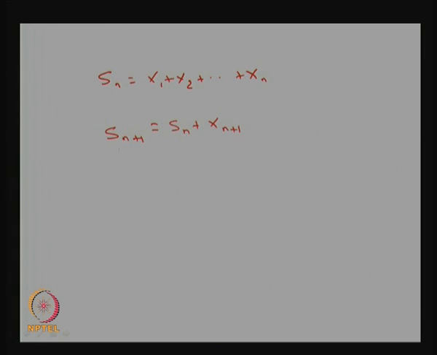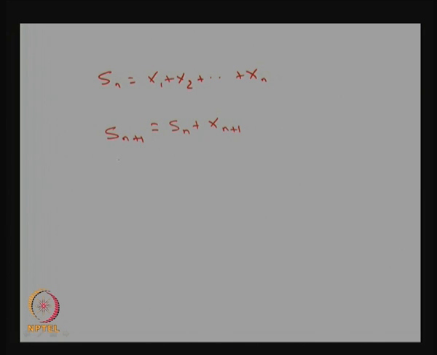That means Sn plus 1 is the combination of two independent random variables: Sn is how many heads appeared till the nth trial, plus whether the next trial is a head or a tail, accordingly this value is 0 or 1. Therefore, in the sample path of Sn plus 1, it is incremented by 1 if Xn plus 1 takes the value 1, or it stays at the same value as earlier if Xn plus 1 takes the value 0.